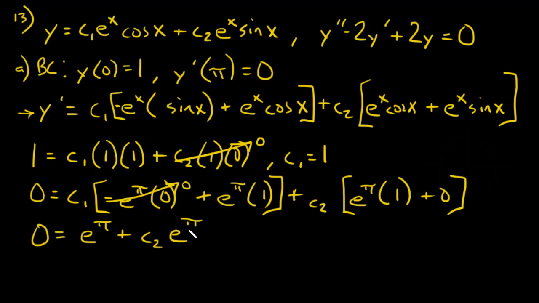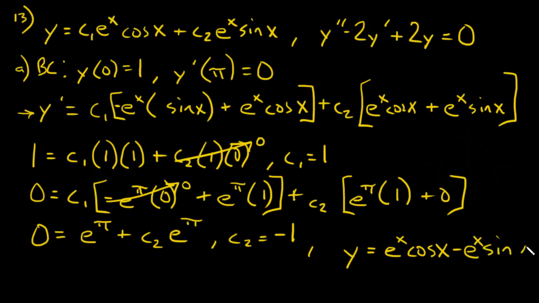Okay? And so I'm going to move e to the pi over, divide out. I'm going to wind up with C2 is equal to negative 1. So I'm going to wind up with a solution of y equals e to the x cosine x minus e to the x sine x. And there you go. That'll do it right there.